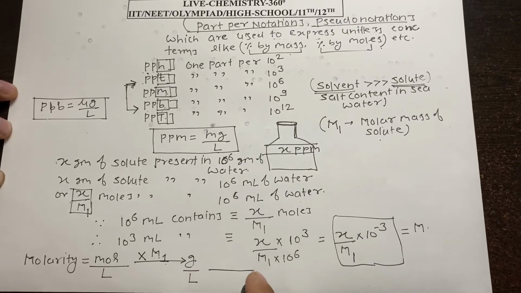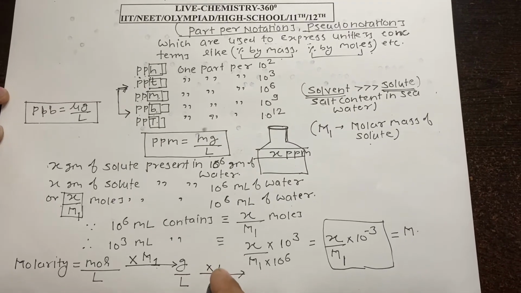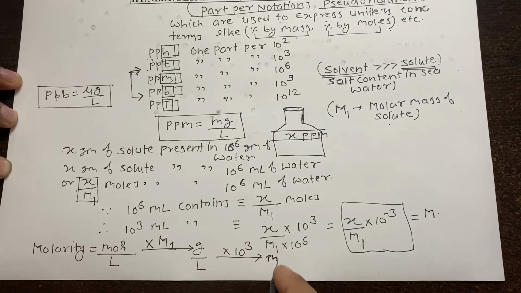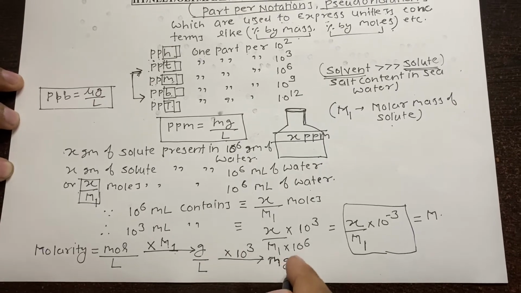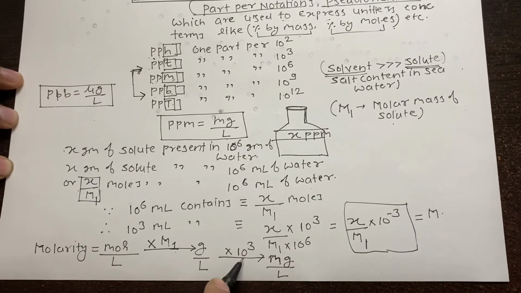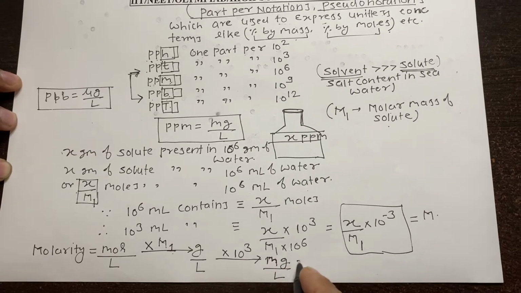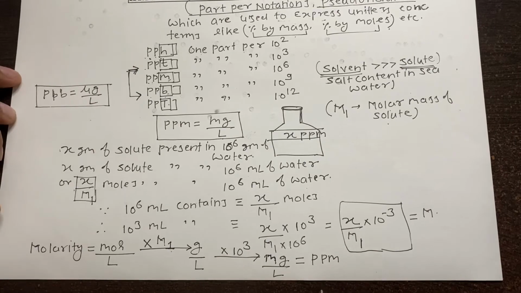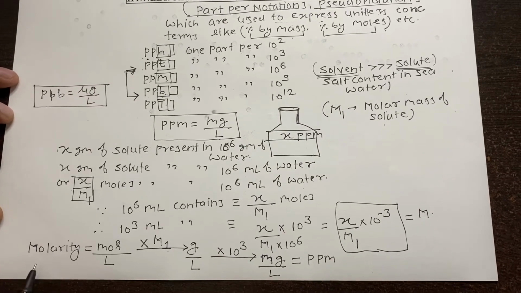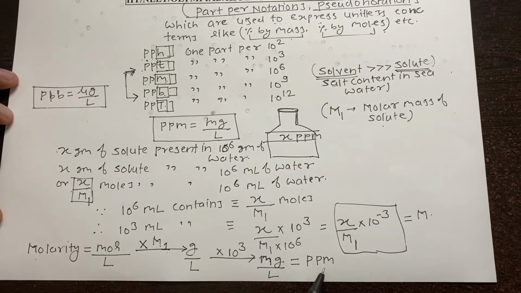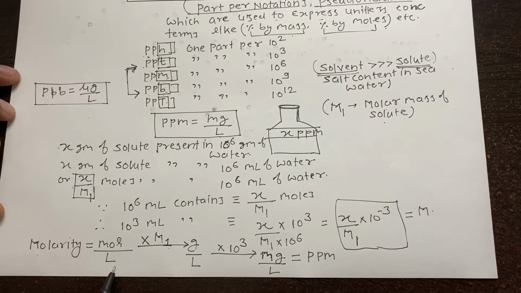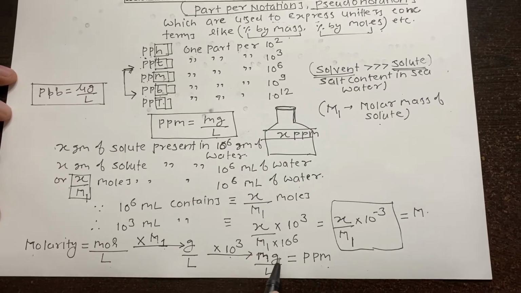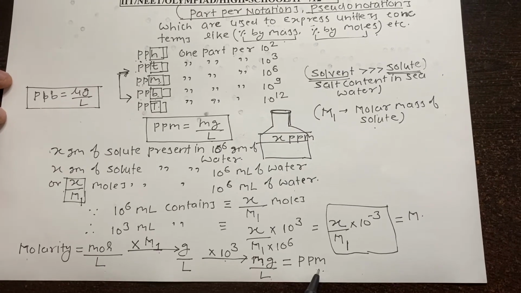Gram per liter can be converted to milligram per liter by multiplying by 10 to the power 3, and milligram per liter is the ppm. So we can convert molarity into ppm by multiplying moles per liter by m1 into 10 to the power 3. This gives milligram per liter, which represents the ppm.